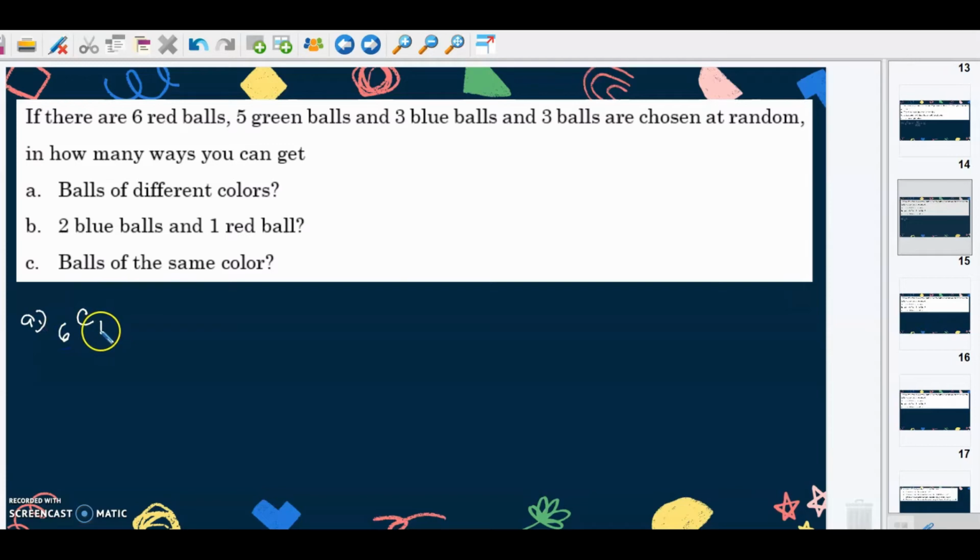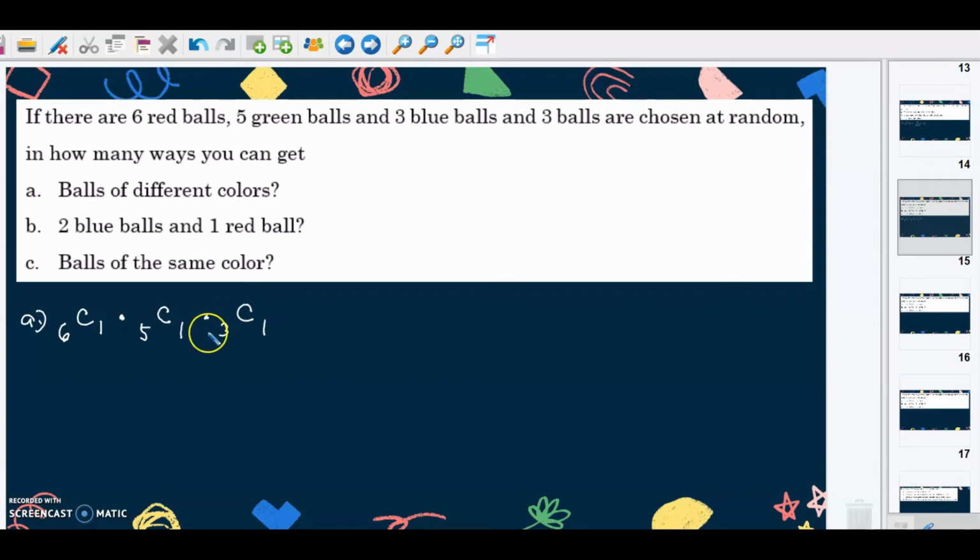So meaning we're just going to get 1 from the 6 red balls. And then we multiply this to the combination of 5 taken 1 for us to be sure that we will have 1 green ball. So we're just going to choose it from 5. And then for the last color, which is blue, we will have the combination of 3 taken 1.